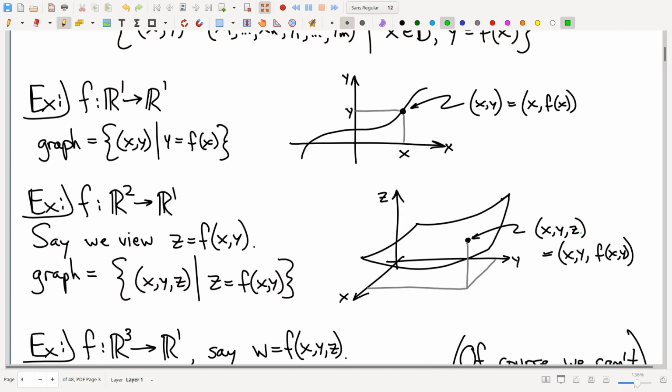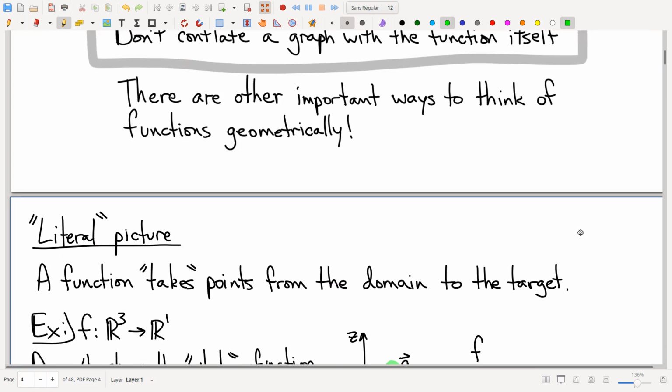The shape tells us important stuff about the function. We are soon going to see that the shape of this graph surface will tell us certain important things about this function. And the geometry, or the algebraic knowledge that comes from understanding these shapes, is super helpful in a lot of ways. And here we get none of that.